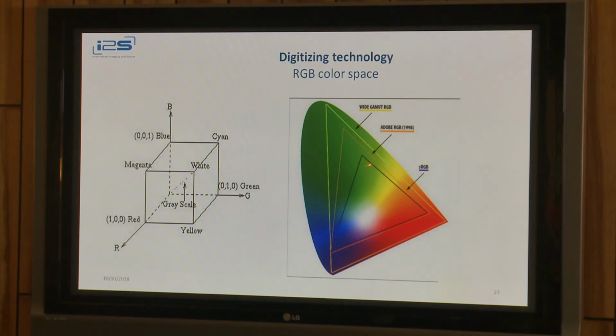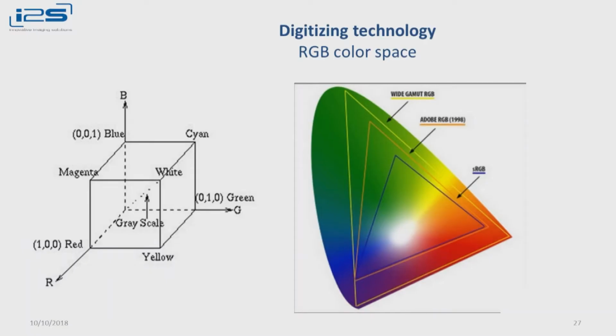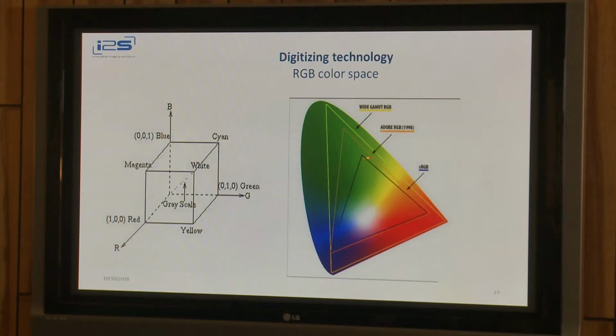You can see that sRGB is quite small. So this color will not be inside sRGB, so it will be described probably like this one. And if you take this color here, you see it at the limit of the sRGB color space. So you guess that in this color space, the value of this green will be 250 or close to the limit.